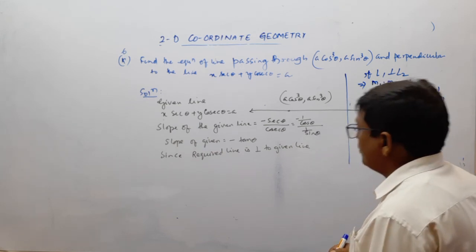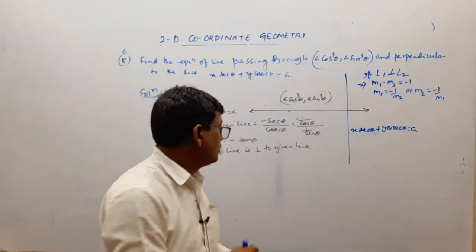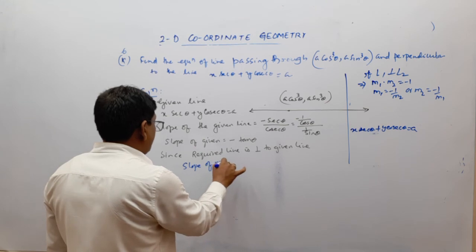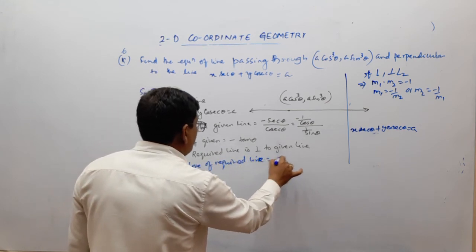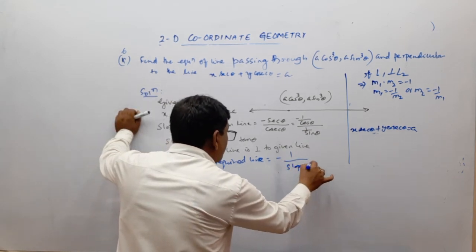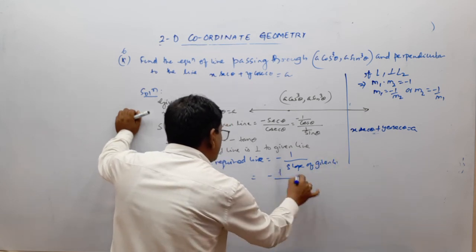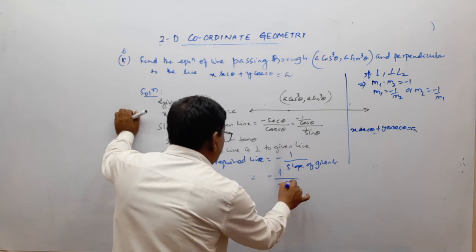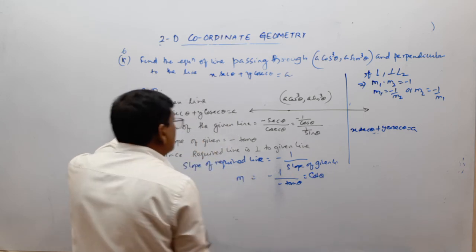Clear? So the slope of the required line is minus of the reciprocal of the slope of the given line, that is minus of minus tan θ, so m is equal to cot θ.